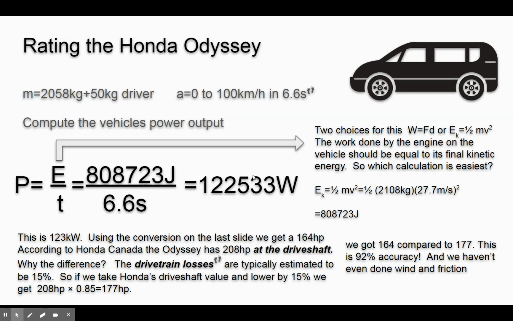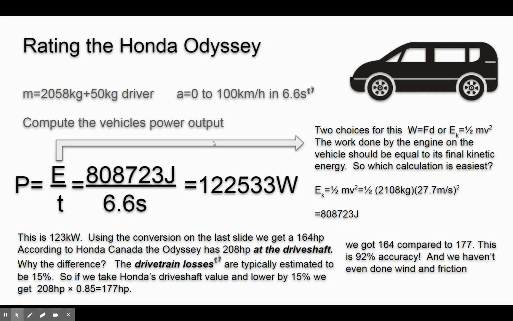So this 208 horsepower, Honda already measured at the drive shaft. We don't have to worry about engine efficiency. But now we lose 15% of their stated value till it gets to the road. So if I take Honda's measurement and lower it to 85%, throw away 15, keep 85, I get 177 horsepower.